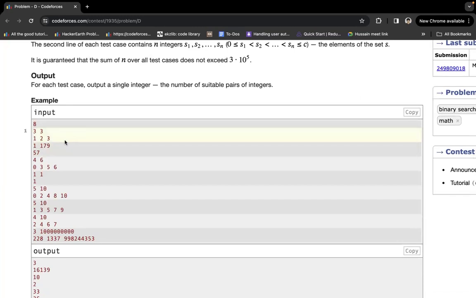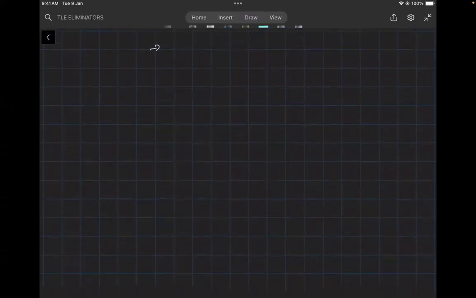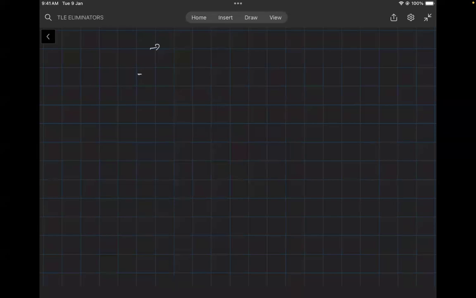Let's take in the example 3, 3, 1, 2, 3. This is actually fairly simple. If you guys actually went on to solve D, D was very easy. So we are given an array of size n and we are given an integer c.